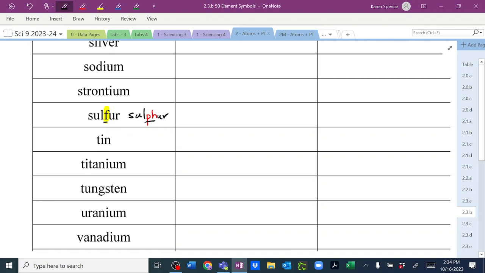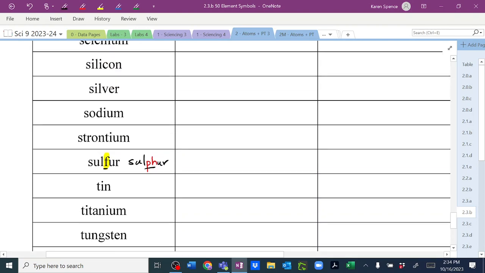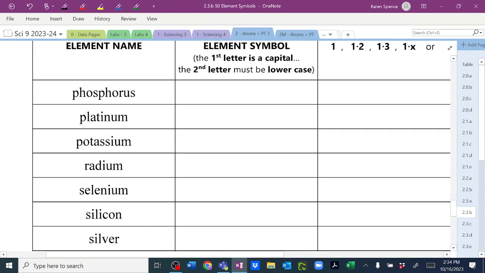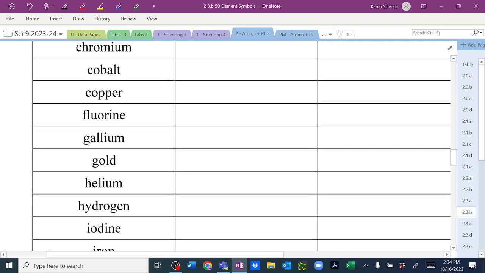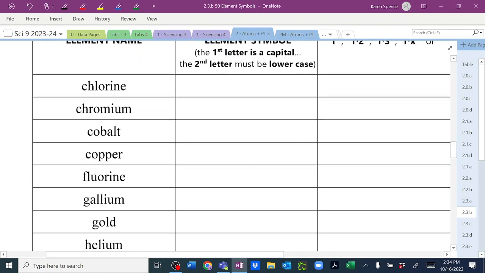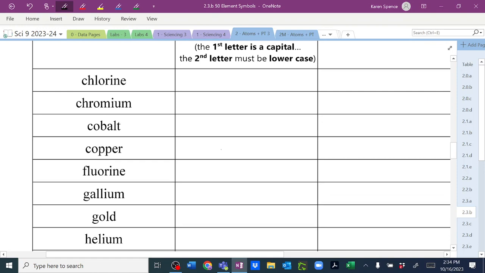The other thing I wanted to point out is if you do use the answer key for this, which I think most of you are not doing, which is probably an okay thing because I don't know how I managed to do this. For copper, I wrote CO. It's not CO, what is it? Cu.